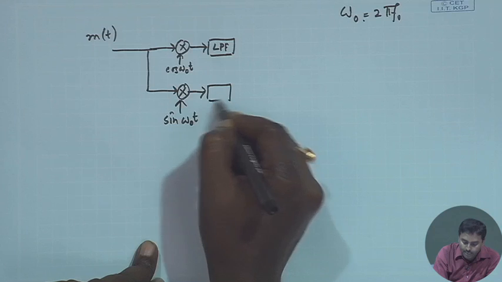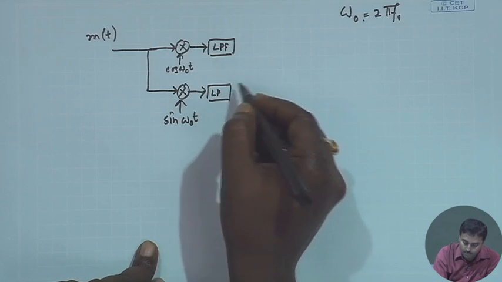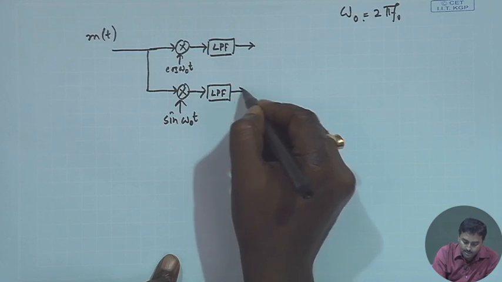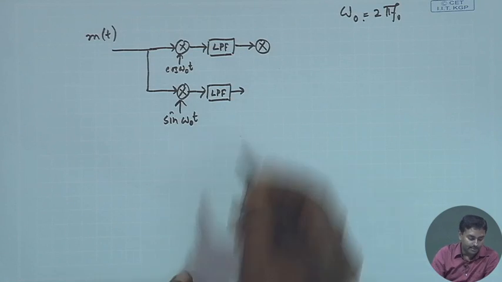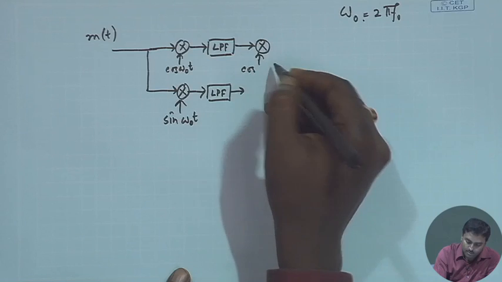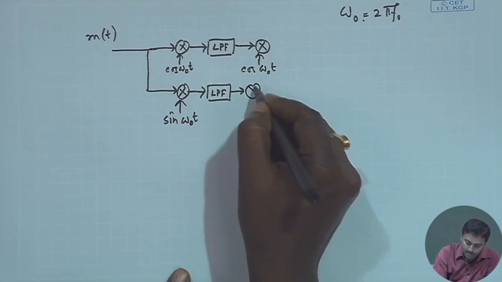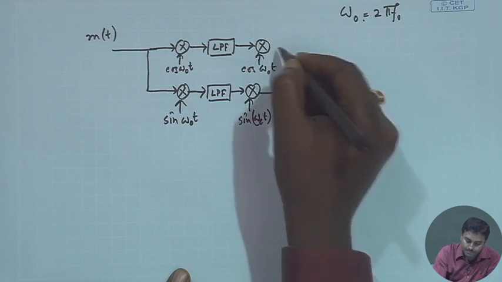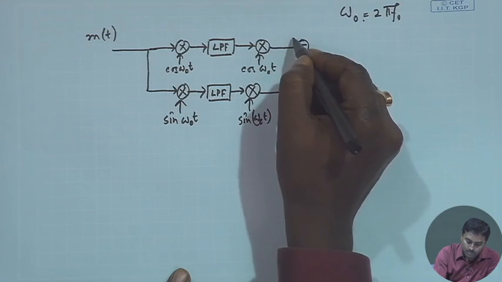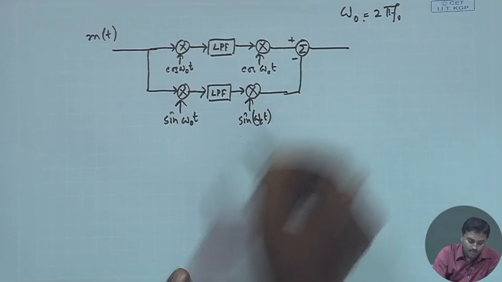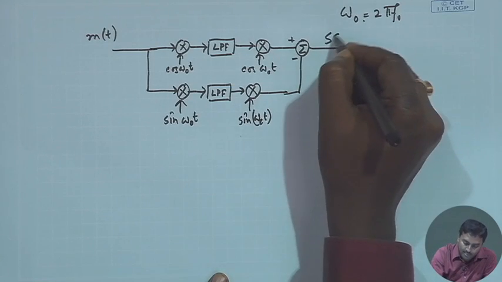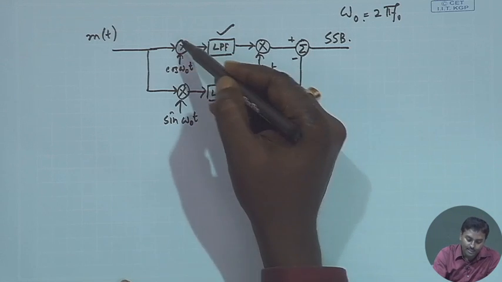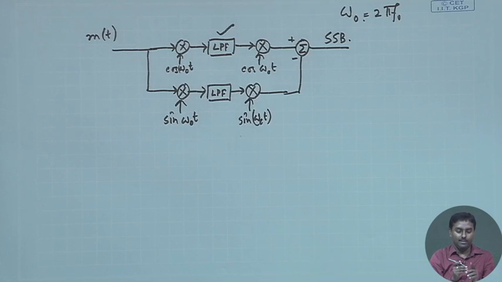I'll also talk about the bandwidth, the cutoff frequency, of that low pass filter. Once you have done that, you multiply with the actual carrier. So this is cos omega_c t, and this is where you multiply with sin omega_c t, and you subtract them. I will be getting an SSB signal as long as I tune this frequency properly and put this omega_0 properly.